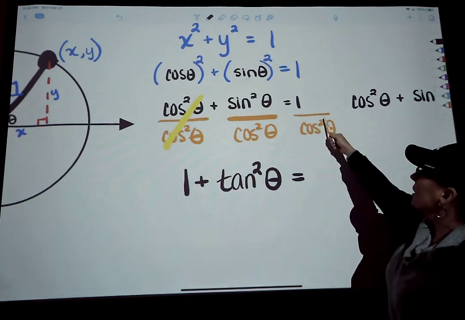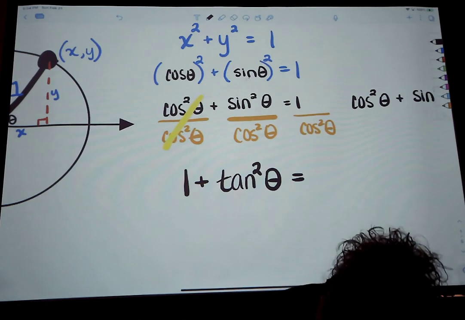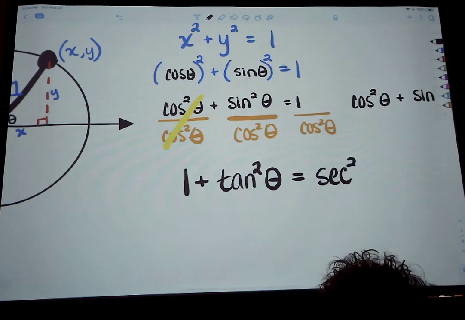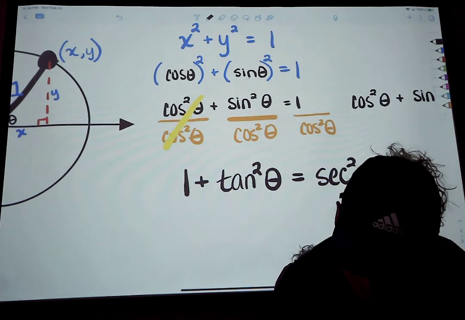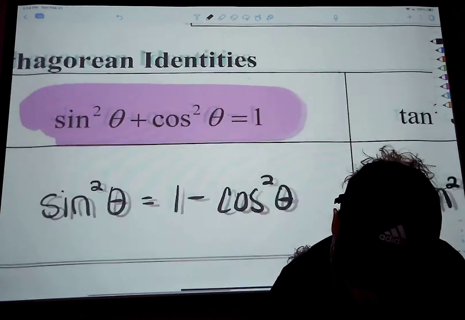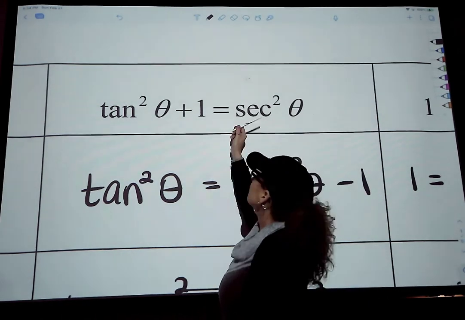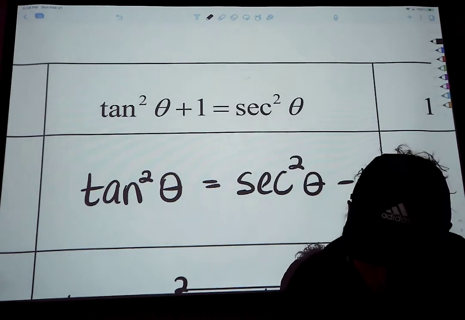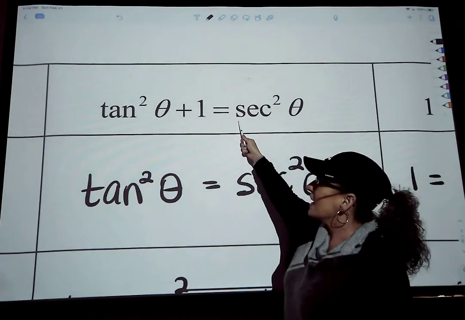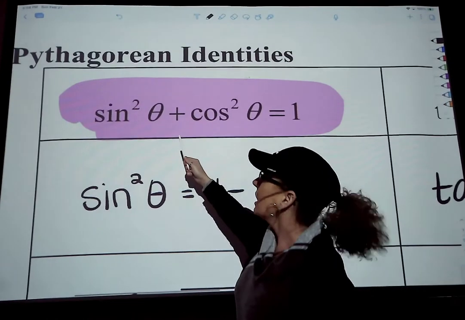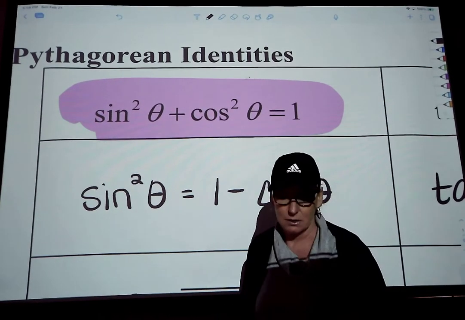And then 1 over cosine squared is secant squared. There you go. See that one? 1 plus tangent squared equals secant squared. How did I get that? I divided everything on here by cosine squared.